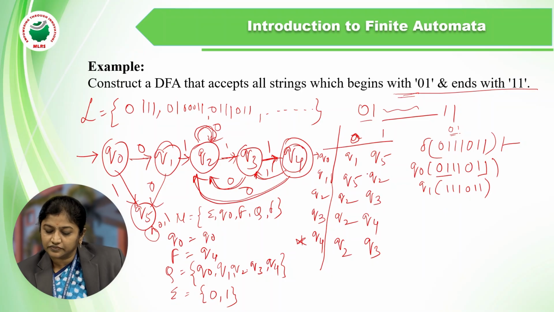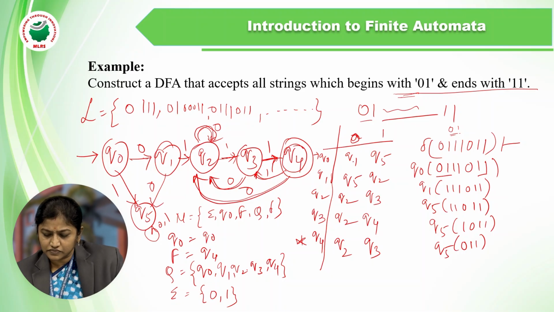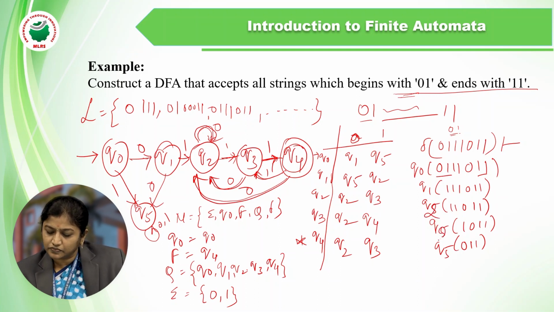Wait. Q1 on 1 is Q2, right here, Q2. So Q2 on 0 is what?